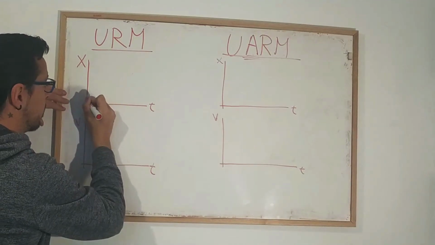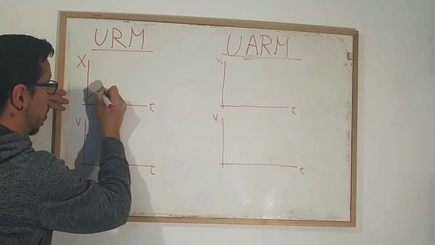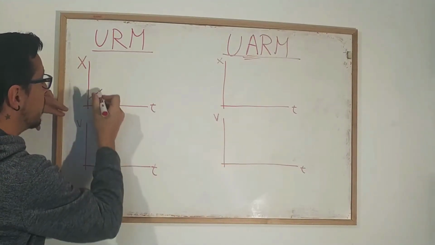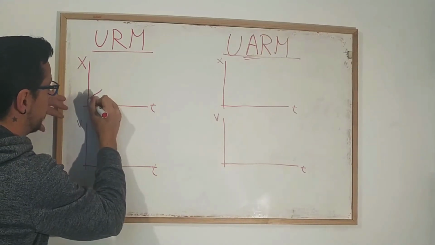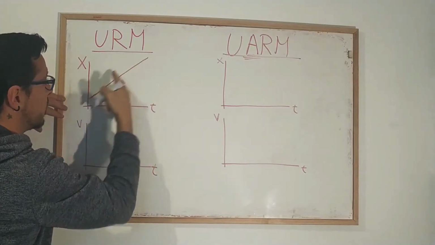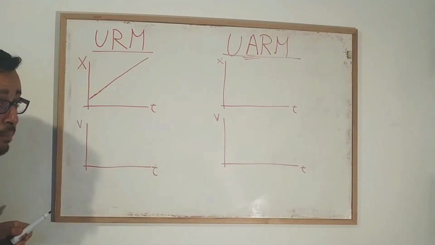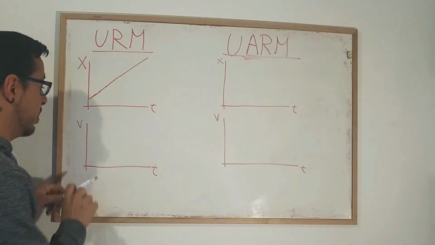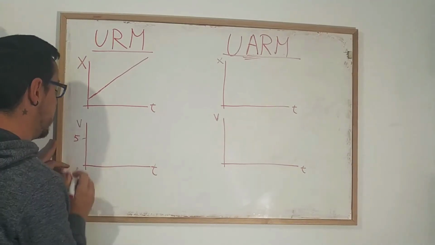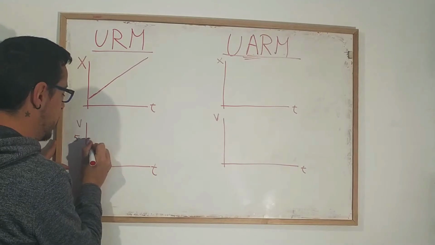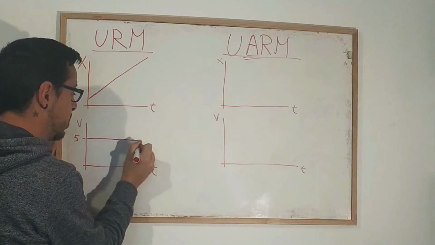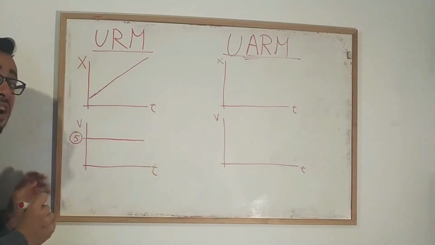The position increases or decreases, if it comes to the reference point it decreases, but in general position increases as the time goes by. And the speed is constant. So the speed is going to be, for example, 5 meters per second, and as the time goes by, the speed is constant. It's always the same value.